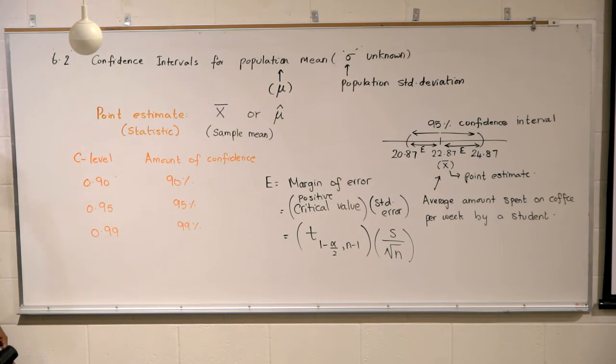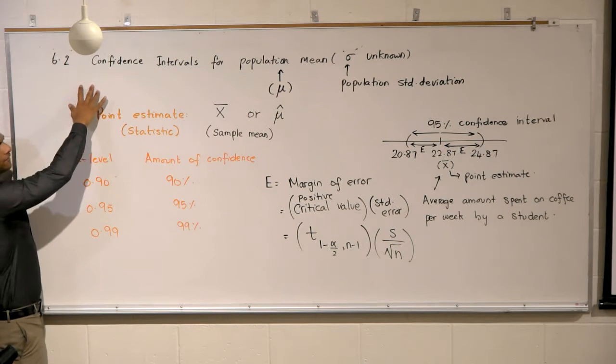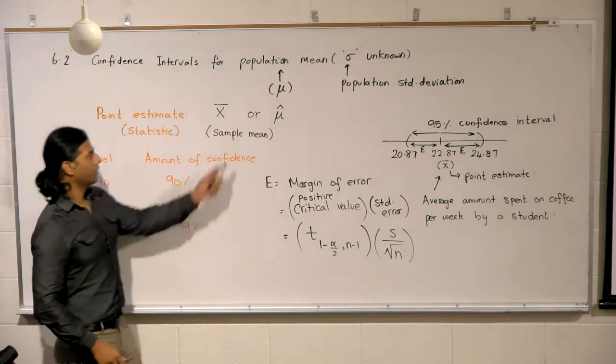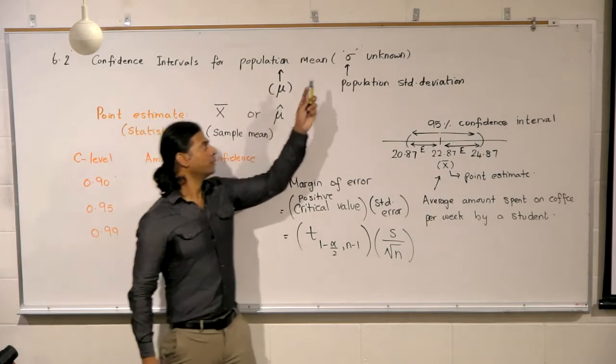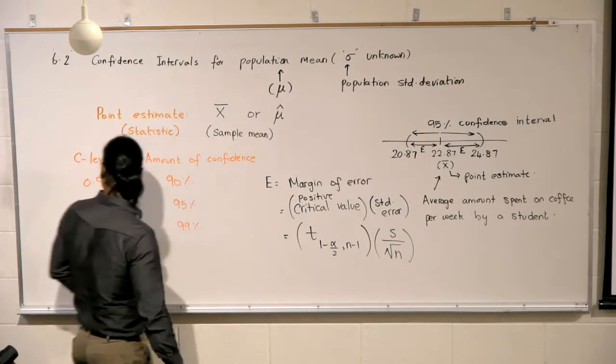That formula is not going to change. That is the formula for margin of error if you're trying to find the confidence interval for population mean when you do not know sigma.